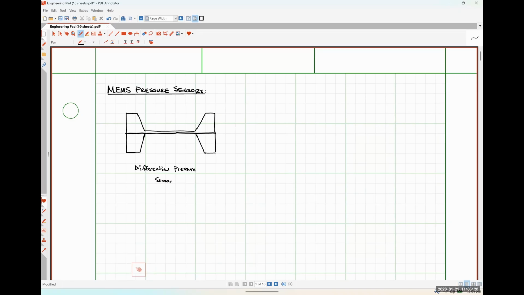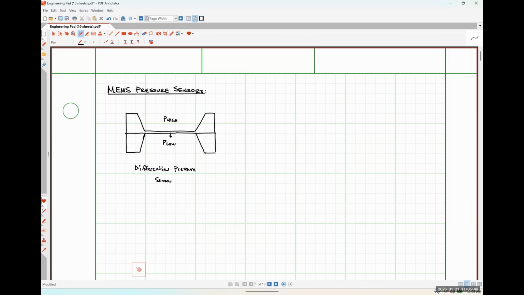So we might have some high pressure up here, some low pressure down here, and that difference in pressure is going to cause that membrane to deflect, right? So in this case, with high pressure on top and low pressure on bottom, the membrane would tend to deflect down. Okay, pretty basic.